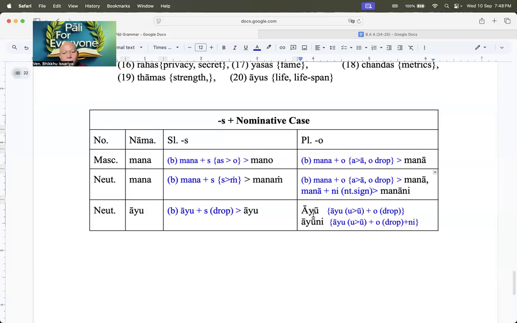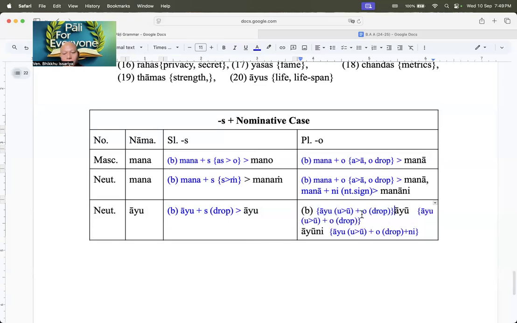For the RU also, that one is from the B stem RU. So the past form is RU, RU, to the O drop.